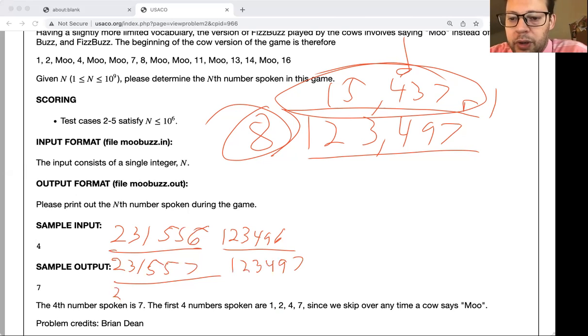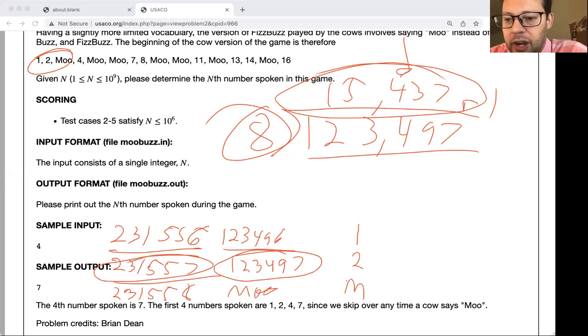Then 231,558 would be a moo. And if you look at that, that actually still corresponds with this. This is 1, 2, and then 3 is a moo. So if I wanted the 123,497th number, it's this over here. If I want 123,498, it's going to be the next number, 231,559.